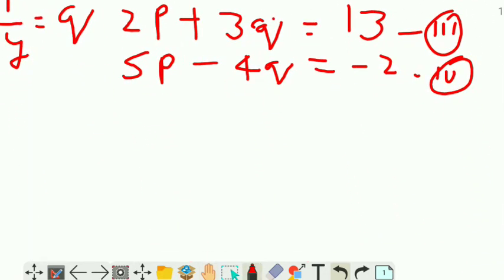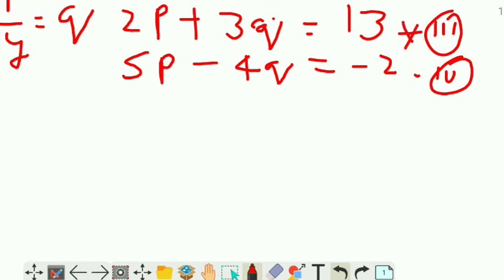Now we can use any one method, either elimination or substitution. Suppose we are using the elimination method here. So the first equation we will multiply by 5 and the second equation we will multiply by 2.